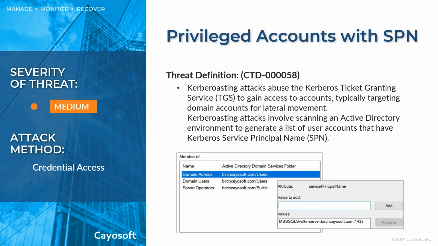And because they carry high privileges, like maybe domain admins or even built-in administrator rights in the organization, it can be a big problem for organizations, leading to total domain compromise. In fact, this technique is not that hard to perform.